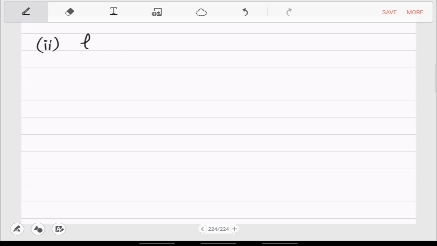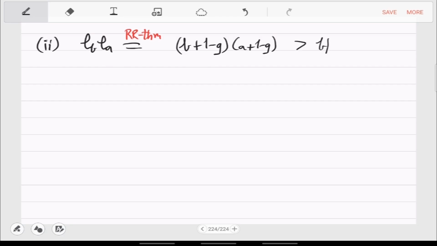So condition 2 is LB LA by Riemann-Roch. This will be B plus 1 minus G times A plus 1 minus G. So let us check whether this is greater than BP mu plus A plus 1 minus G. Right, that is the BP mu plus A LD sheaf.